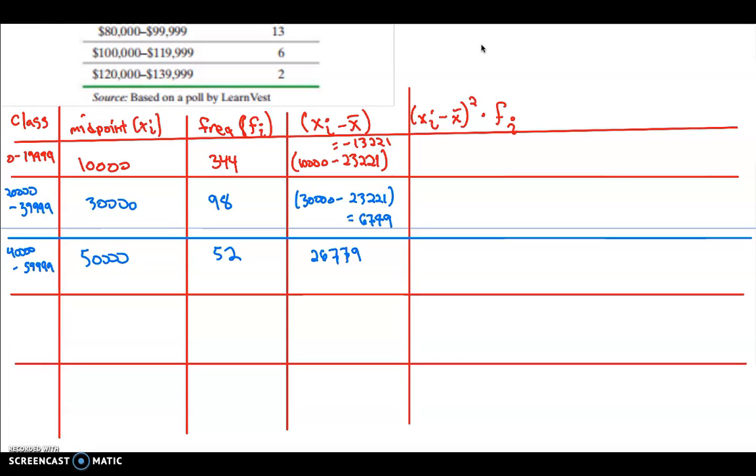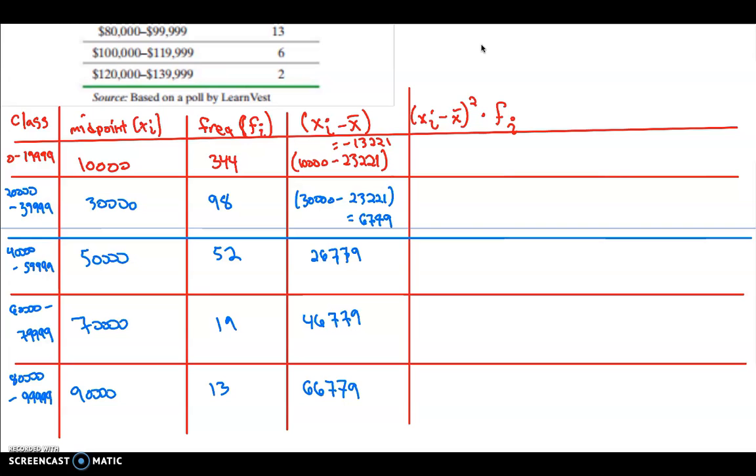So then our next class was from 60,000 to 79,999. Okay, the midpoint here is 70,000. The frequency was 19. So then the deviation would be 70,000 minus our mean, 46,779. Then the next class was 80,000 to 99,999. So 90,000 would be our midpoint, 13 would be our frequency, and 66,779 is the deviation.